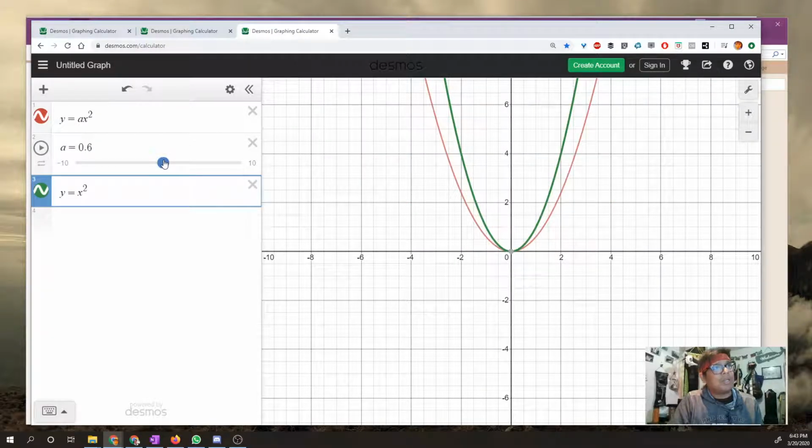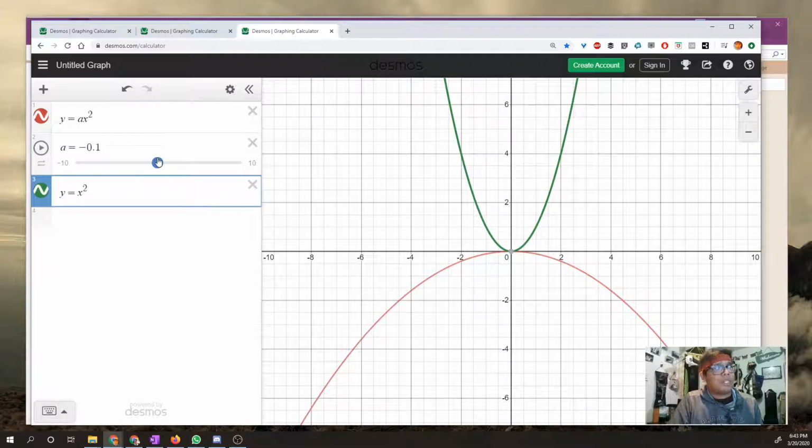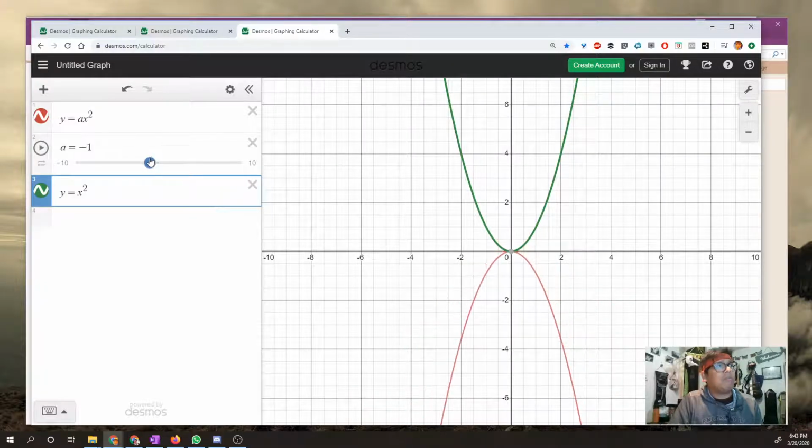What happens? Notice the value of a is 0.6, 0.5, 0.4, 0.3, 0.2, 0.1. Those get fat. And then as we get to a equals 0, we just get a horizontal line. And then now a is negative, and it gets more and more skinny in the negative direction. So take a look at how those numbers work.